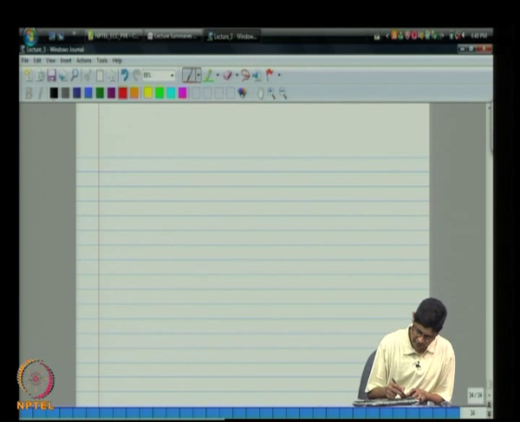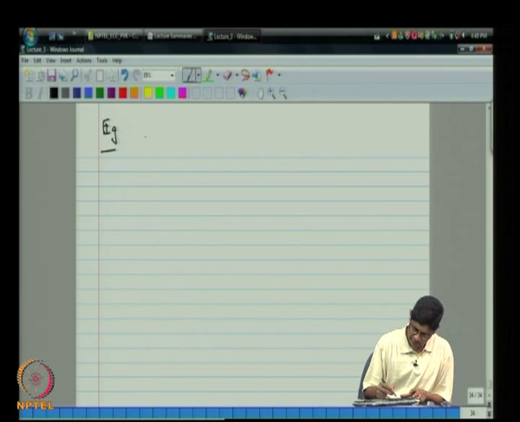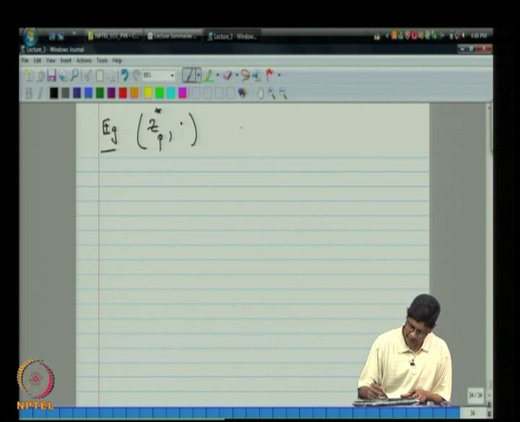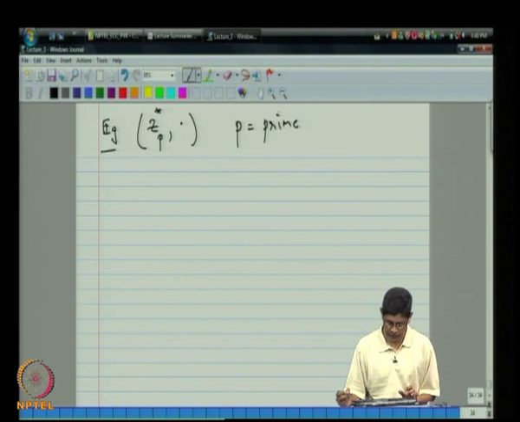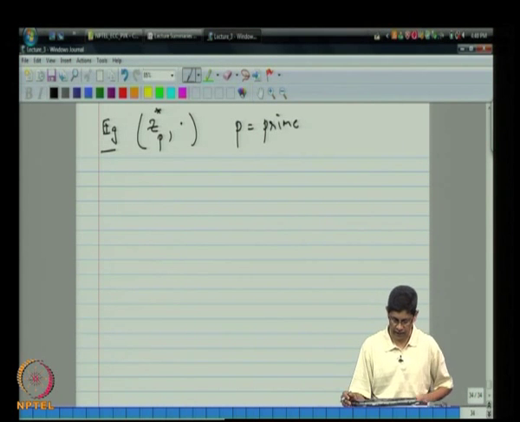So, we will look at a slightly refined example. Now we look at Z p star under multiplication, where this time p is a prime. It is typical in algebra to reserve p or q to represent a prime. So in this case the integer n is replaced by a prime p.